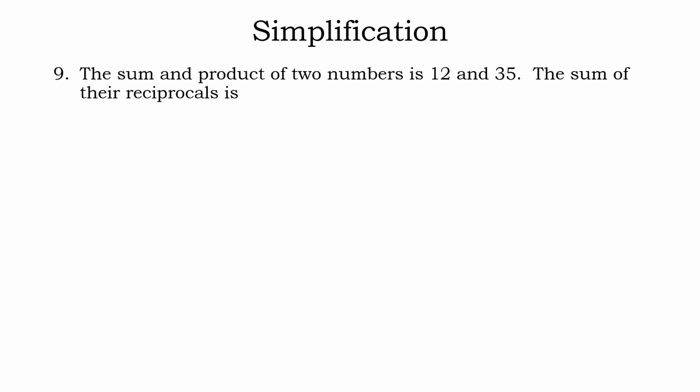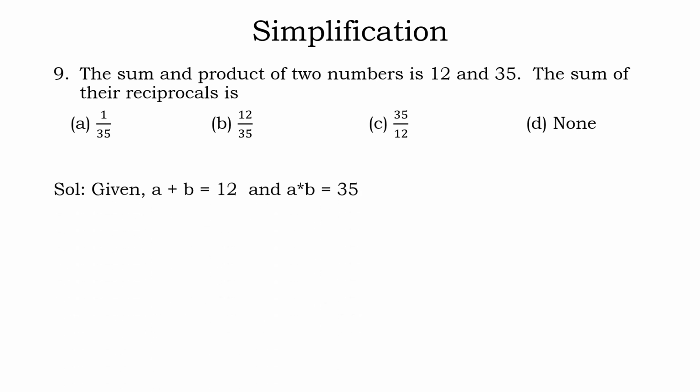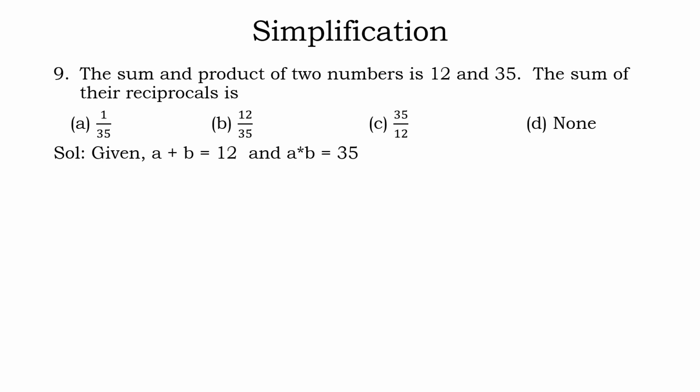The next problem, this is a verbal one. The sum and product of two numbers is 12 and 35. The sum of their reciprocals is. So we don't know the two numbers. Let us take them as A and B. So sum of the two numbers is A plus B equal to 12, and the product of the two numbers A into B is 35.